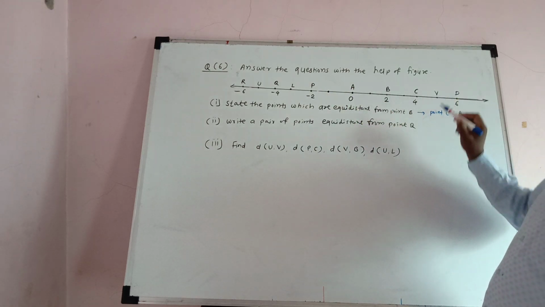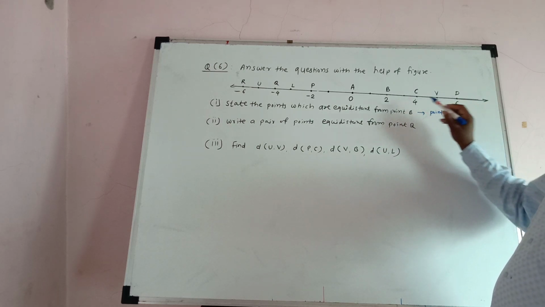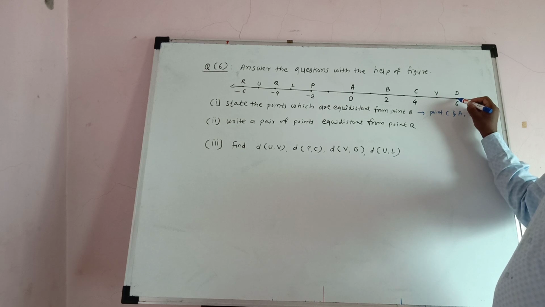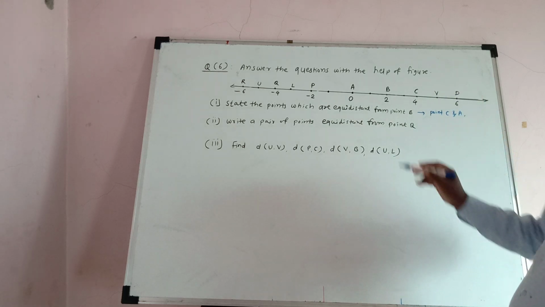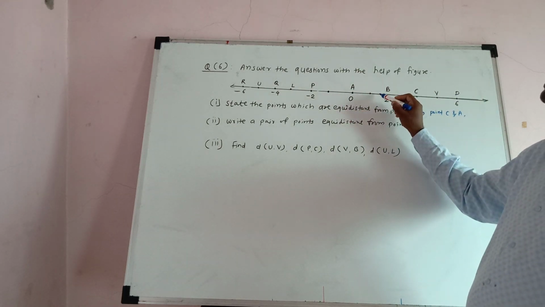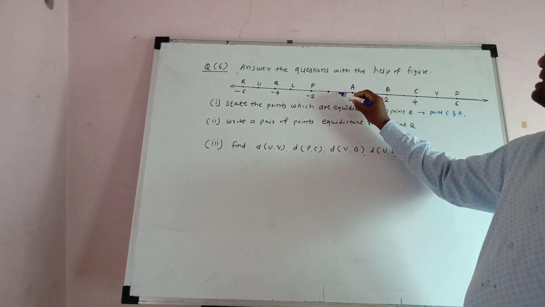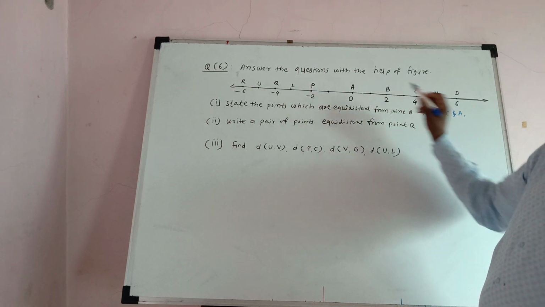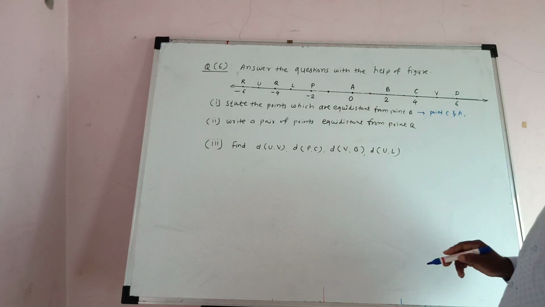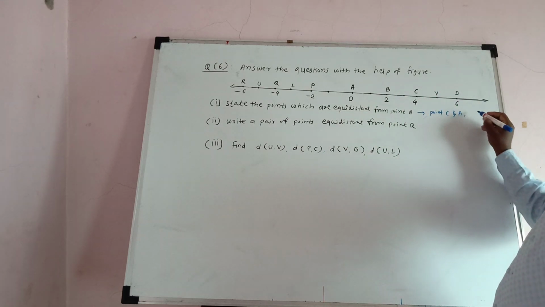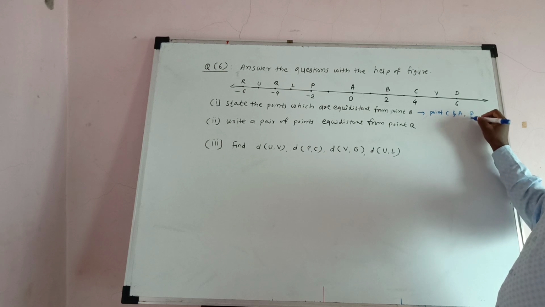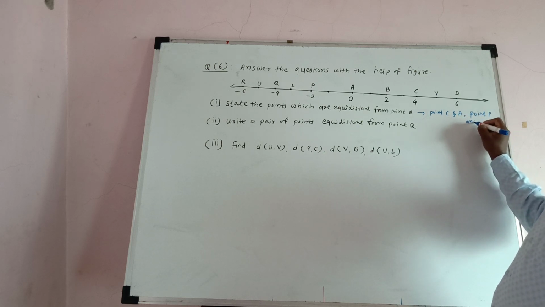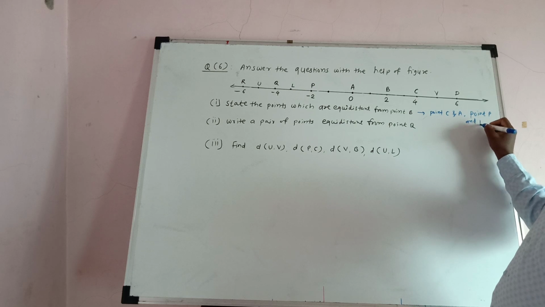Therefore we can't take B. Now take D. D is at 1, 2, 3, 4, a 4 unit distance from B. Find the other point at 4 units: 1, 2, 3, 4. That point is P. Therefore P and D are at equal distance from point B. Therefore we write here points P and D.